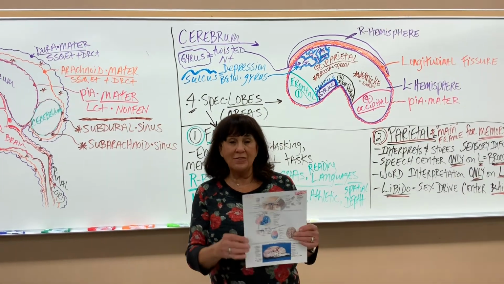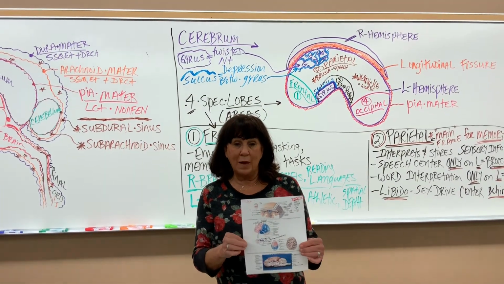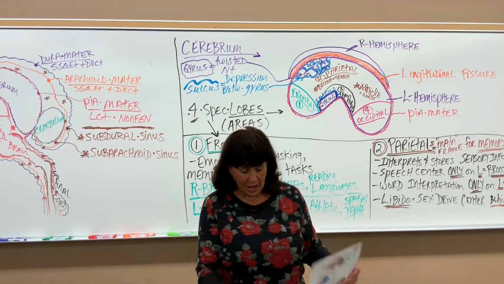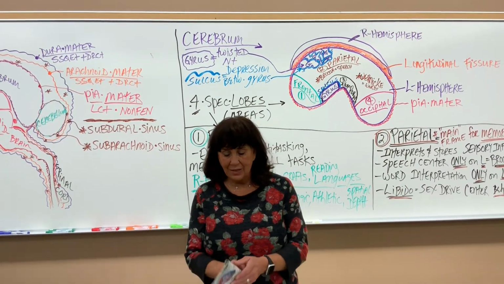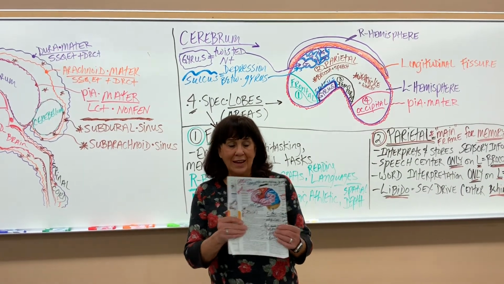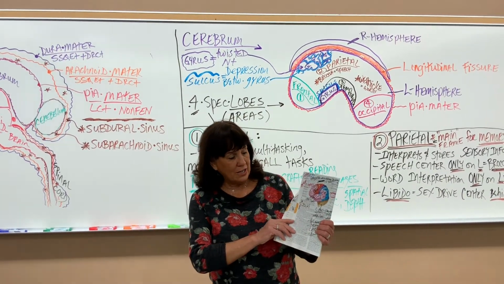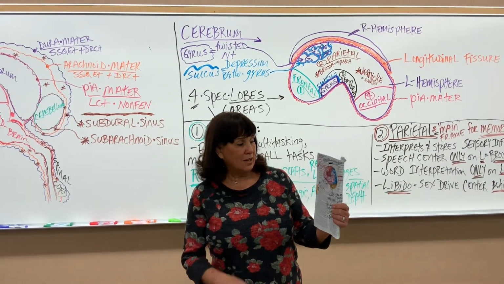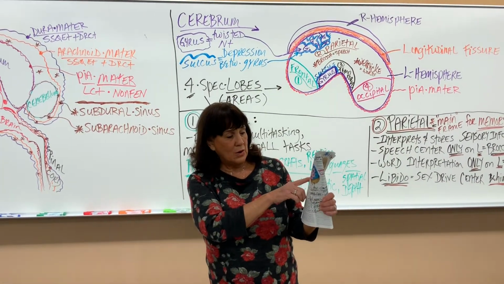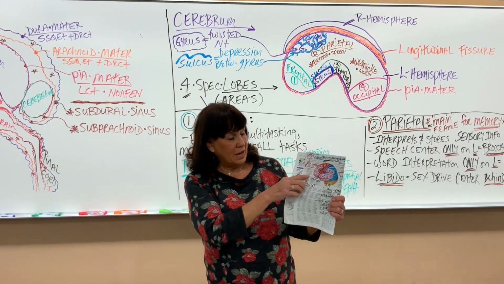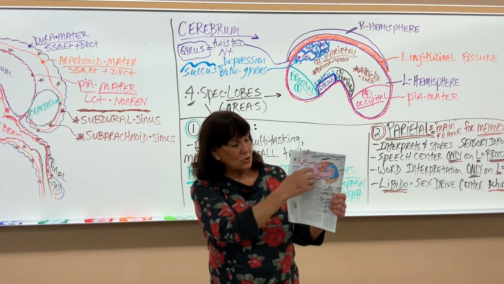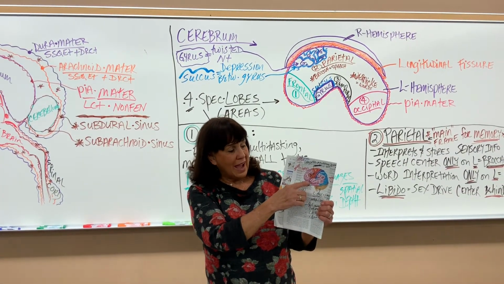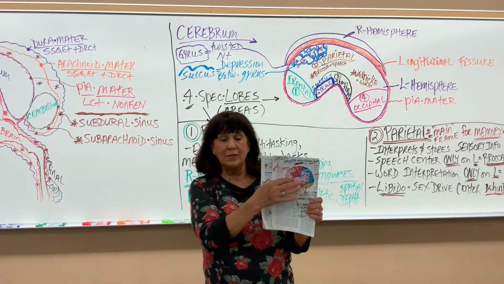We will also have a separate podcast on just the spinal cord and all the nerves and things associated with it. All right, also one last thing, there is a color-coded brain in your lab book, and I did not put it on the official sheet right here because a lot of these terms you do not know or need to know, and basically it just shows you the 4 lobes in the cerebrum color-coded very nicely, and then specific areas with specific functions.